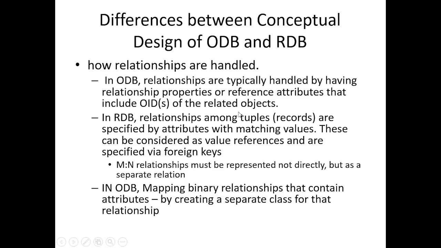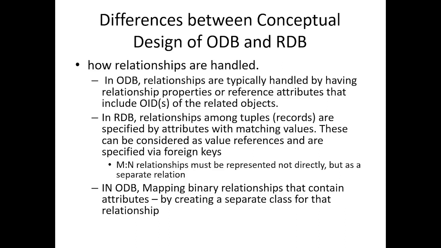In ODB, relationships are typically handled by having relationship properties or reference attributes that include object identifiers of the related objects, and these can be considered as OID references to the related objects. Both single references and collections of references are allowed.